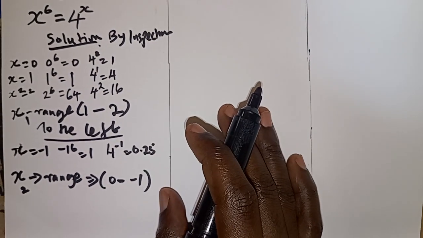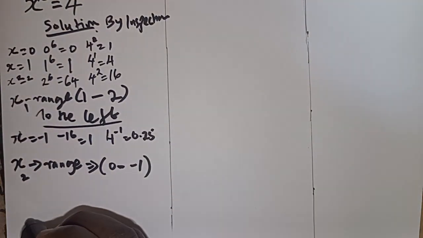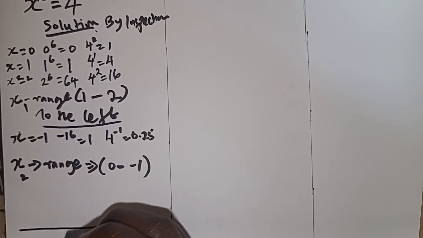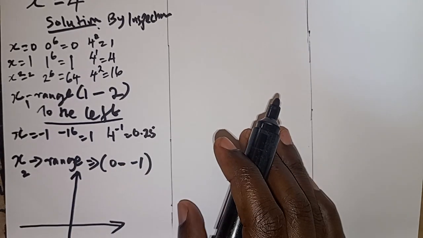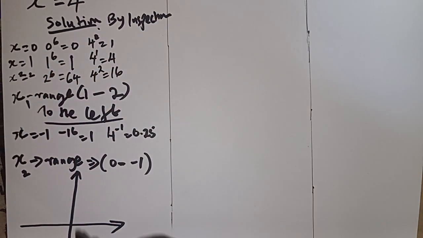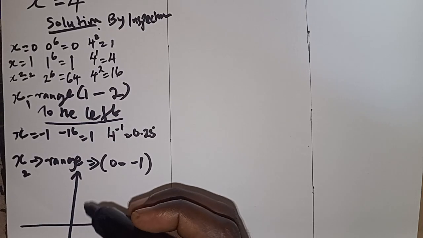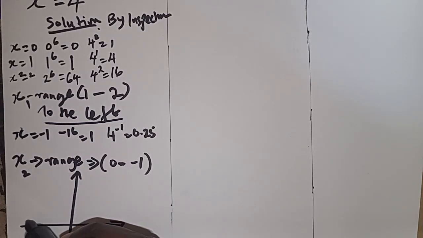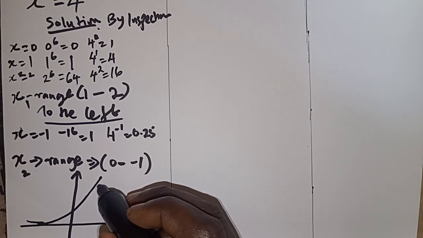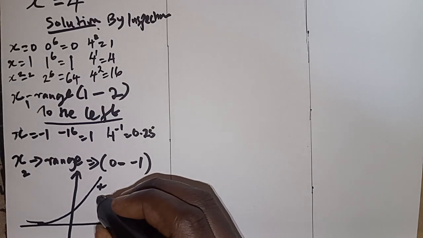So that means when I try to sketch that curve, it is going to look like this. We're just trying to sketch it so that the graph of 4 raised to power x is going to behave like that.